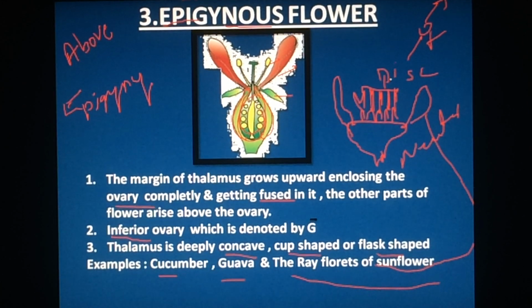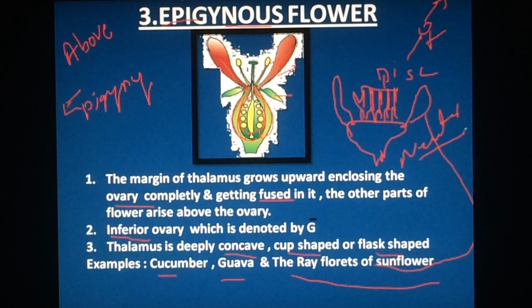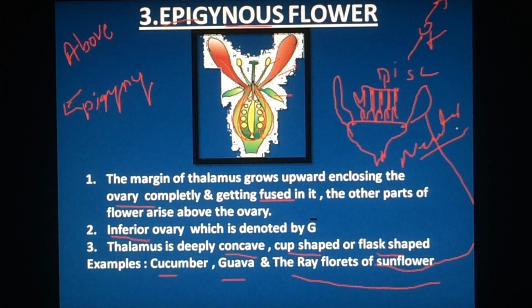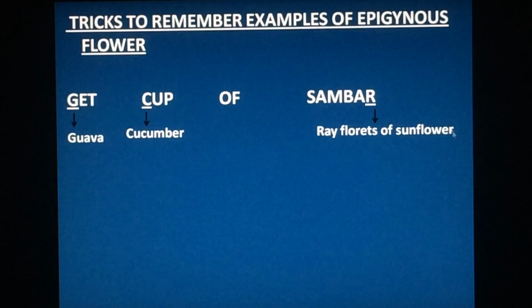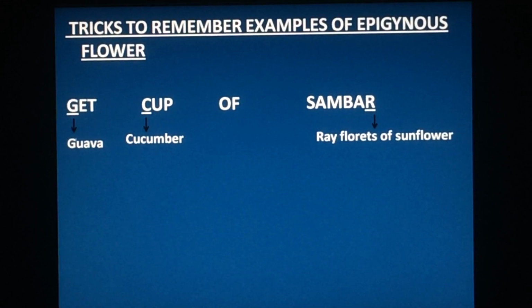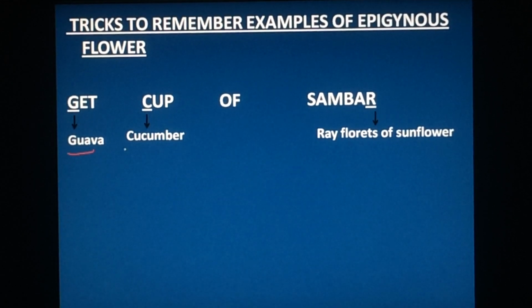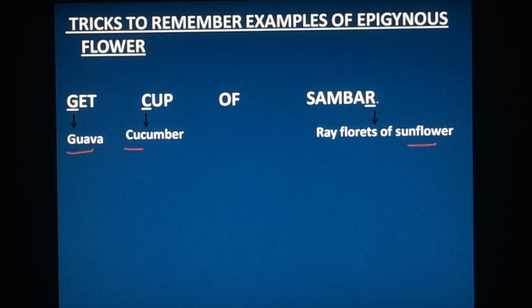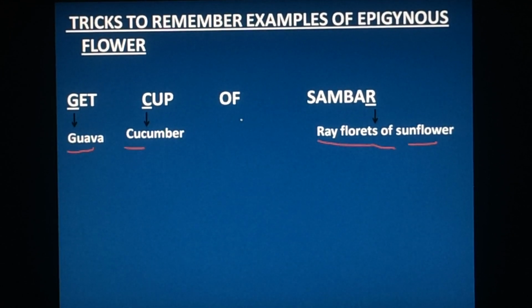So ray florets of sunflower is the best example of epigynous flower. How to remember it? Get cup of sambar. G, guava, cup, cucumber, sambar, sunflower, ray florets of sunflower.